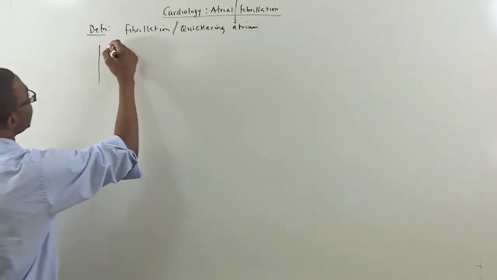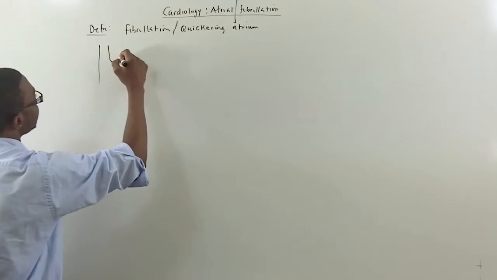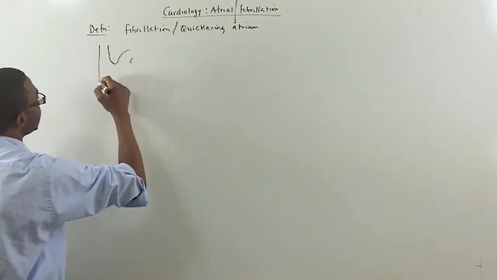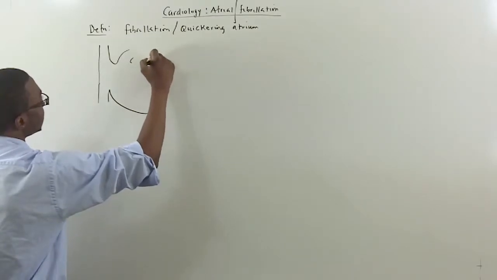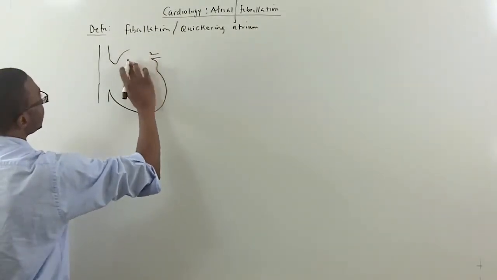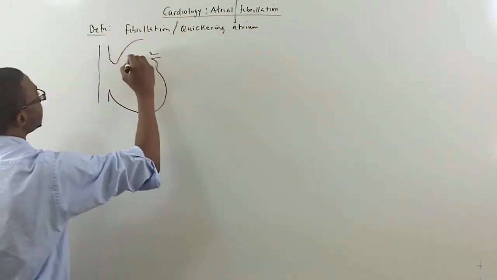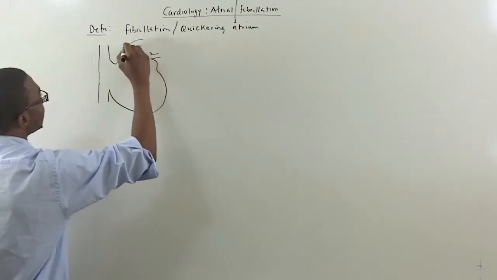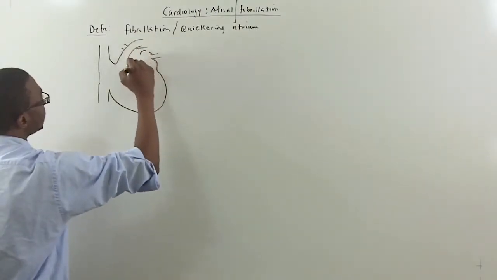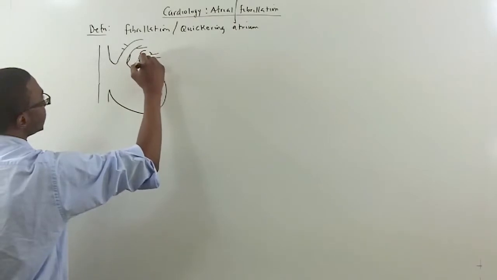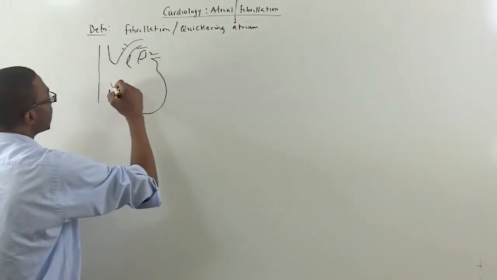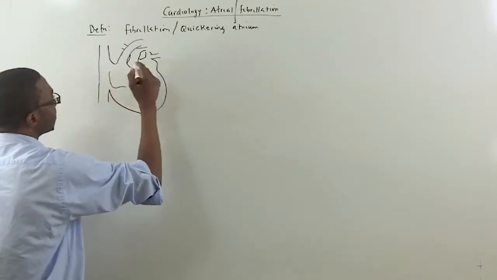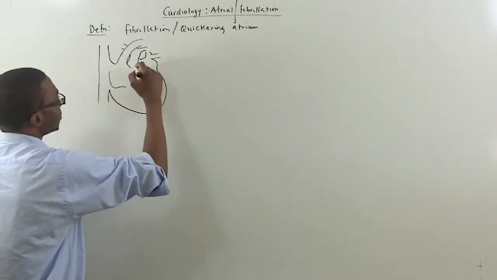So here's our heart, right? So inside the heart, we know we've got two atriums.